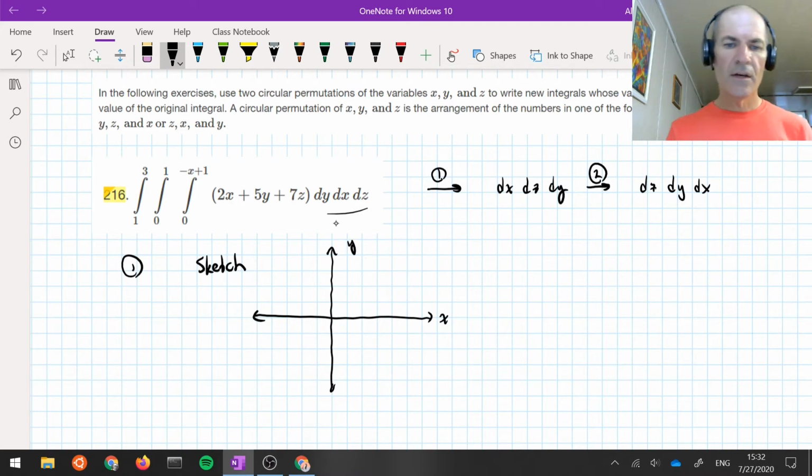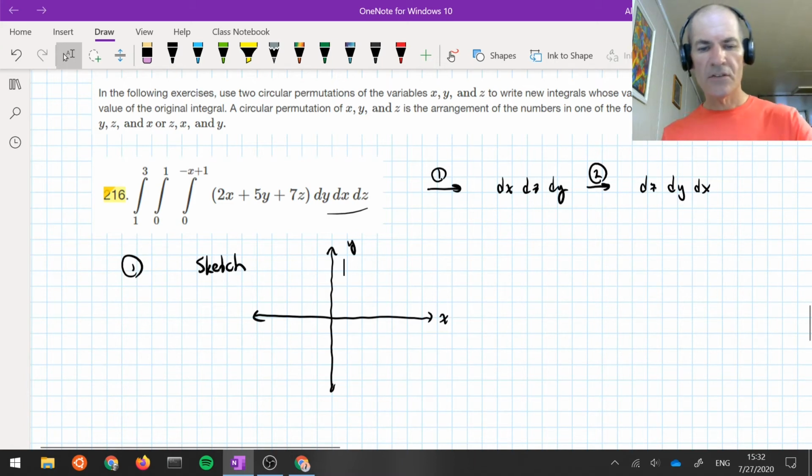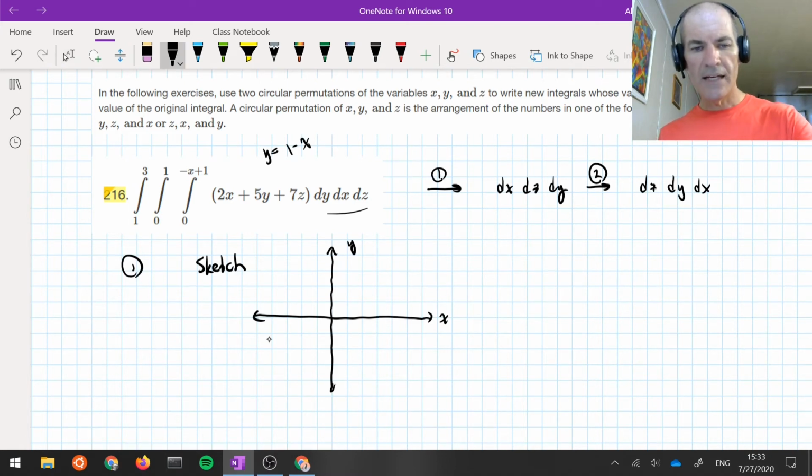And what's y doing? Y is, of course, these are line segments that are parallel to the y-axis. They're going from 0 to 1 minus x. What does 1 minus x look like as a line, right? Y equals 1 minus x. That's a line with a y-intercept of 1 and an x-intercept of 1.